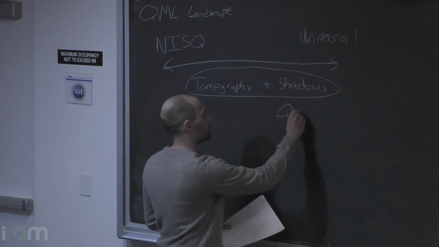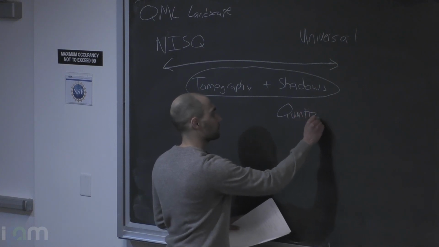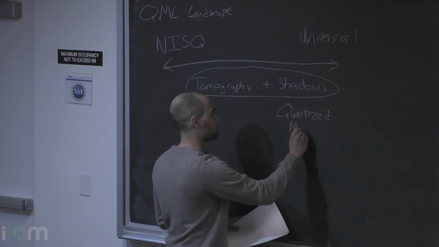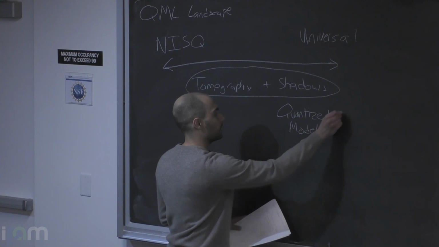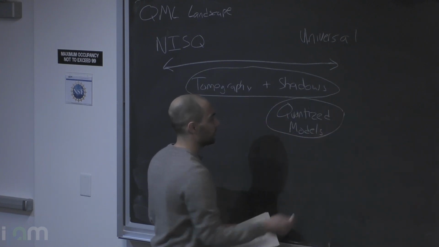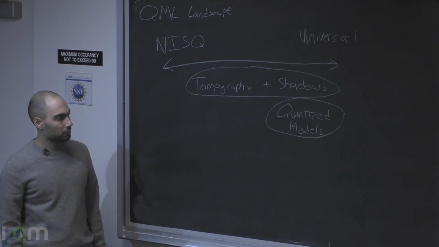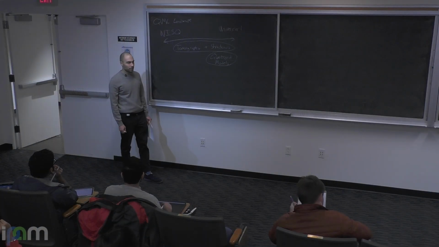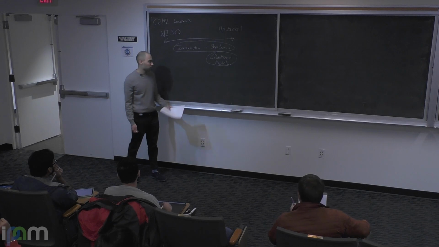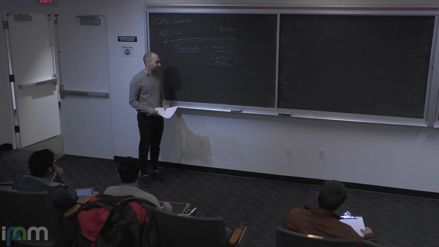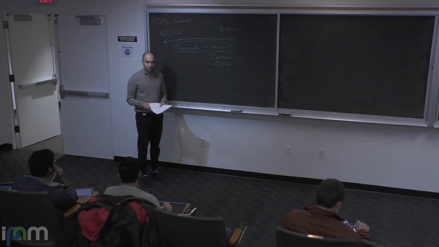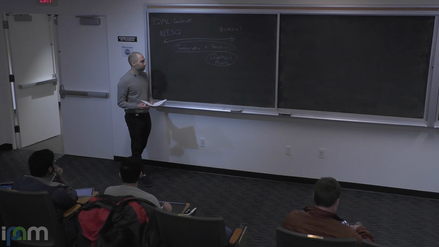Then there's quantized models. The idea here is we have a lot of cool techniques in classical machine learning, things like linear regression, principal component analysis, stuff that is really linear algebra based.